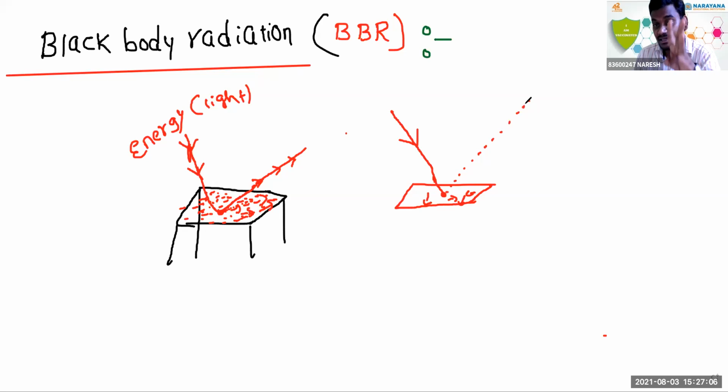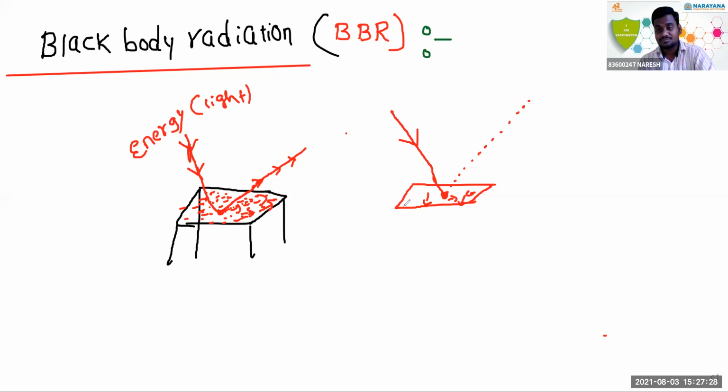So here three phenomena are there: reflection, transmission, and absorption. When a radiant energy falls on the surface of a metal, some of the energy is reflected, some is transmitted, and some is absorbed by the body.